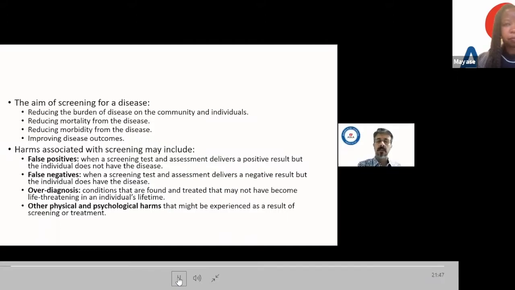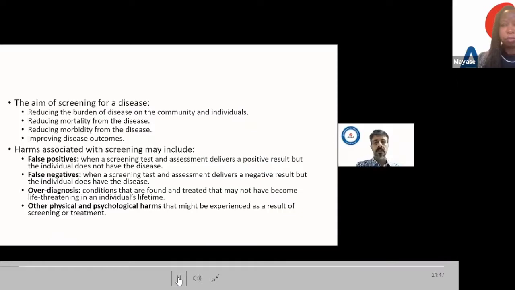It also highlights that screening doesn't come without costs, and there are potential problems with any sort of screening program, because ideally screening involves identifying people who may have a disease but are not yet symptomatic of that disease. So in essence, I'm trying to identify patients who are healthy where early intervention can help with that disease.